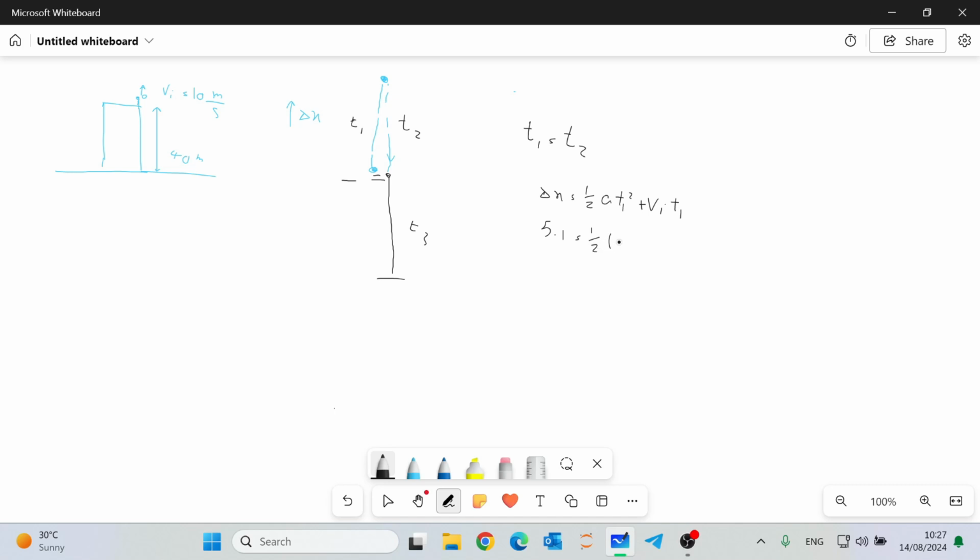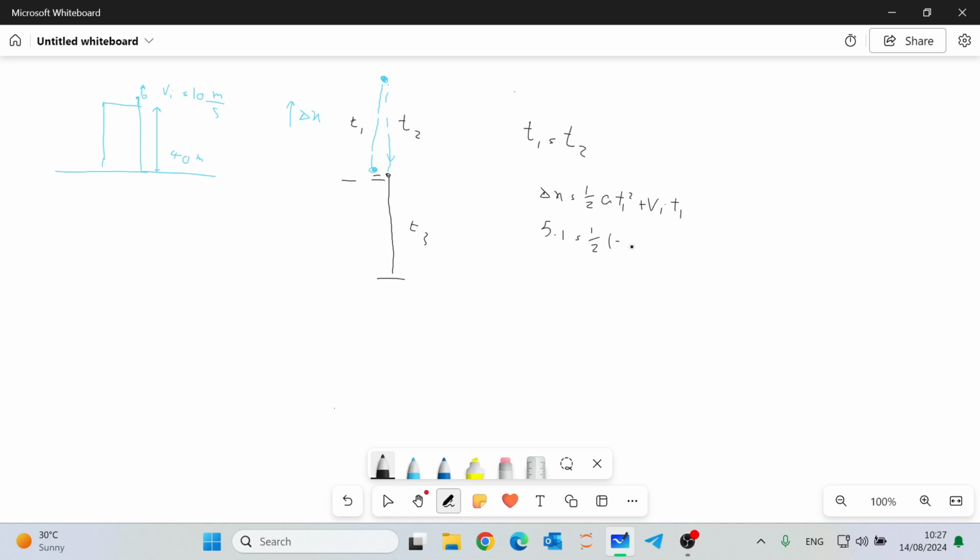And half of minus g. This is really important because this is downward. In this equation, it is important that you consider the sign of the acceleration and the sign of the velocity. Are they in the same direction or not? If they are not in the same direction, one of them must be negative, arbitrarily, and the other positive. Here, I'm throwing up, so the acceleration is downward and the velocity is upward.